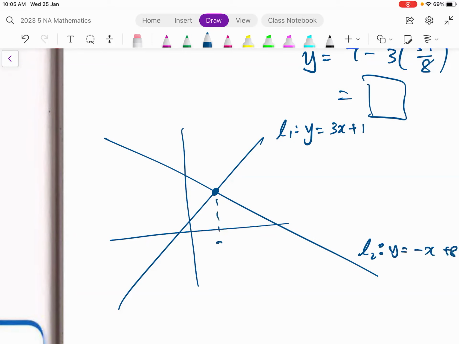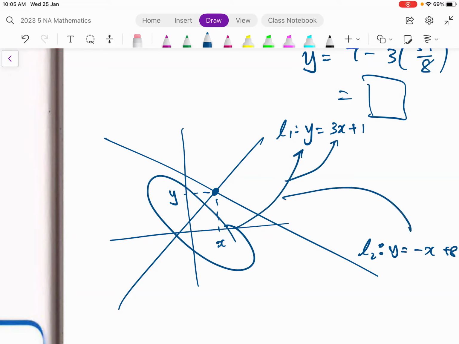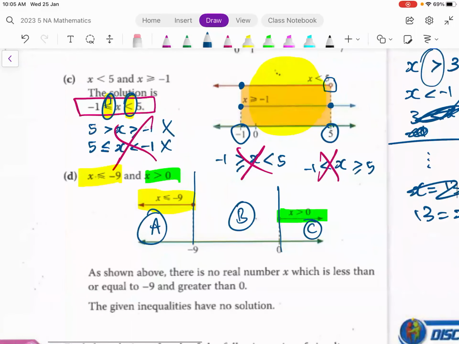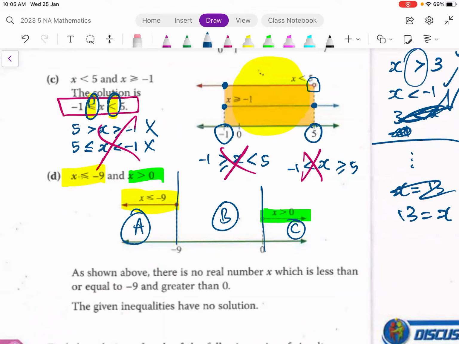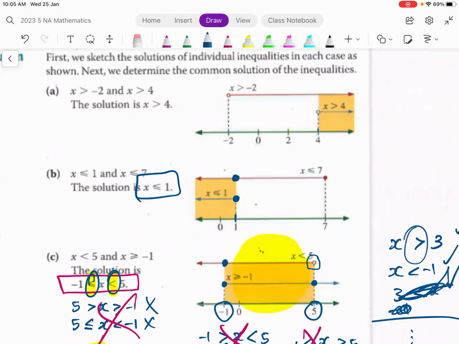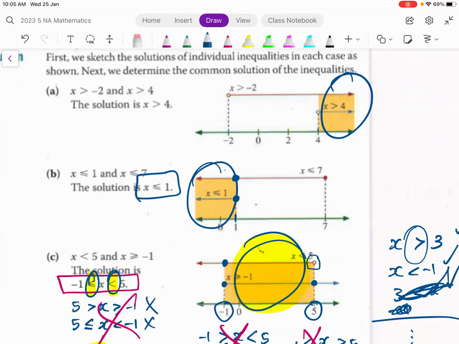They intersect over here. This is our x value, this is our y value. These values will satisfy both equations simultaneously, the intersection point. Over here, in example D, there is no intersection, whereas in examples A, B, and C, we do have intersection regions.